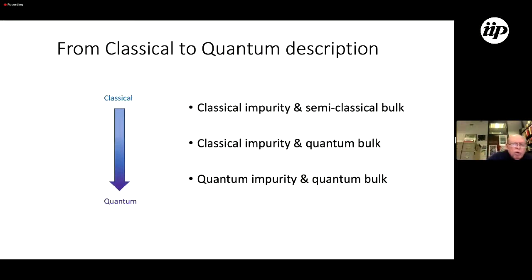Okay, so what I'm going to show is how quantum fluctuations go from a regime where I start with a classical impurity and semi-classical bulk, which is what YSR were doing really, and then I will allow the bulk to become quantum, keep the impurity classical, and then I will do the full problem where both the impurity and the bulk are fully quantum.